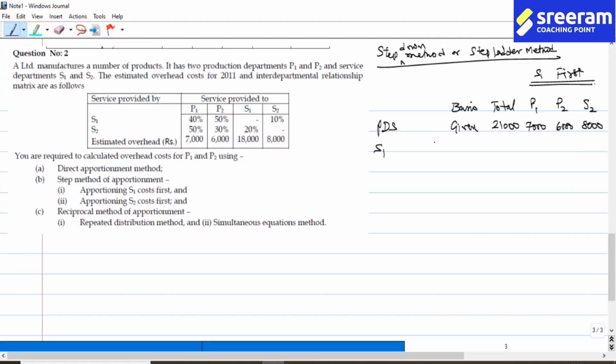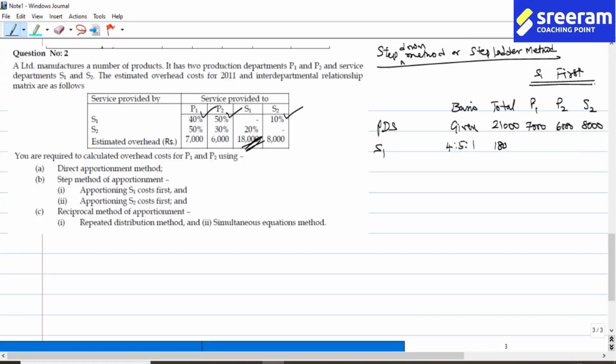S1 when I take up first, in that basis, I got to do it as 4:5:1. That is 40:50:10. And how much of the service of S1 are we going to take up? 18,000.